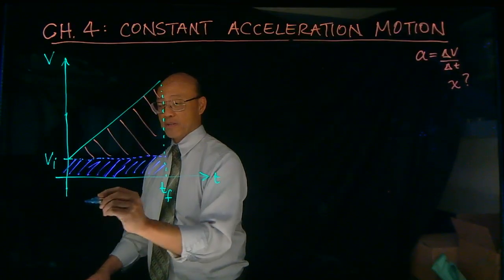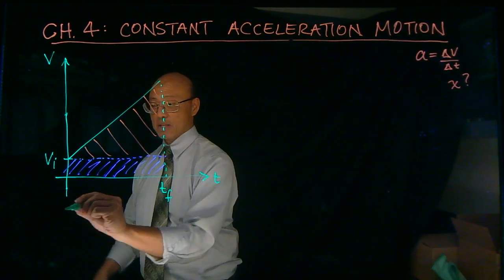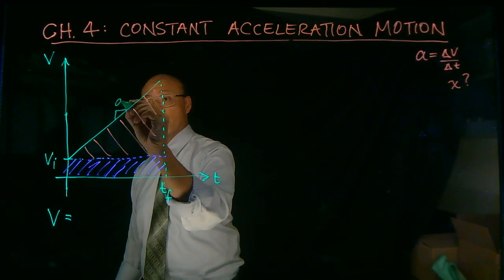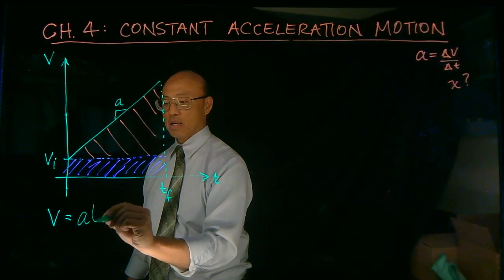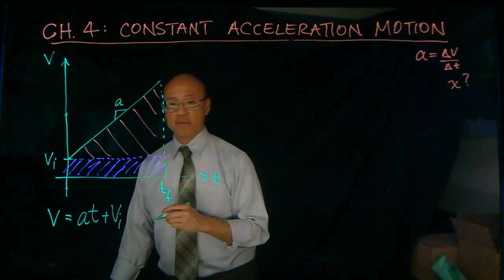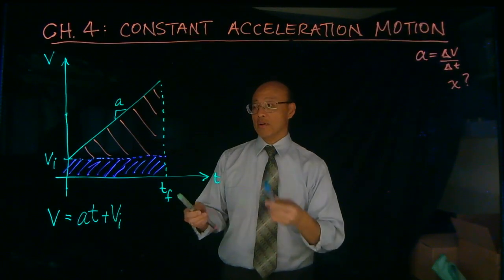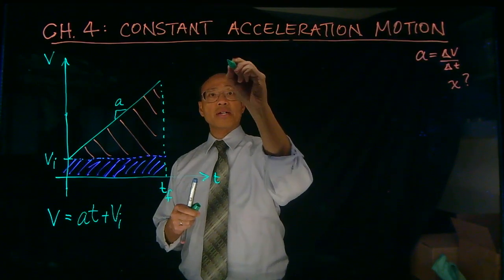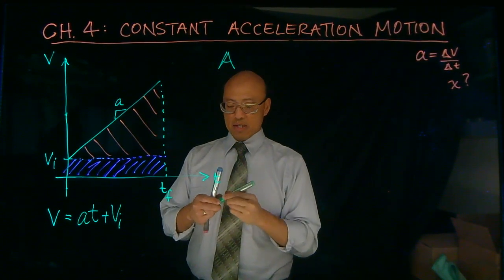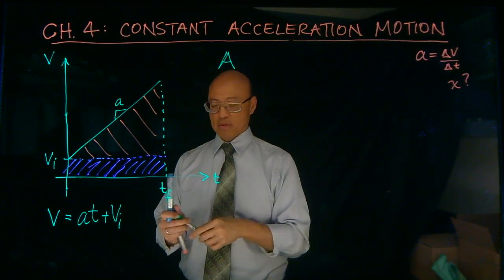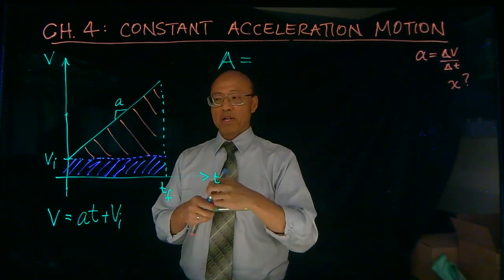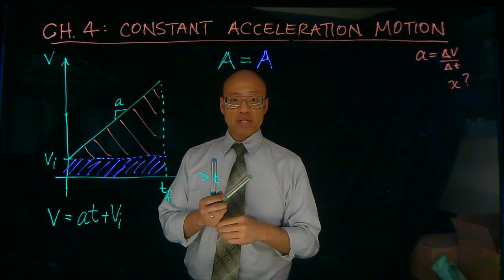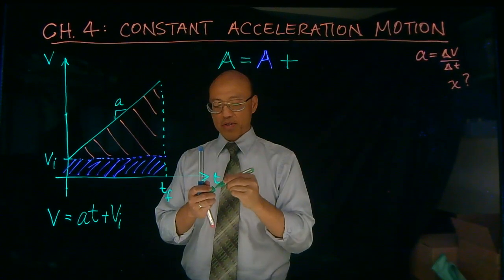The equation for the line is my velocity is just equal to, remember this, there's a slope here, of a, at plus v sub i. Okay, so let's figure out this area. Let's do the easy one first. So our total area under this, I'll do it in green, so the big area is equal to the blue area plus a pink area.